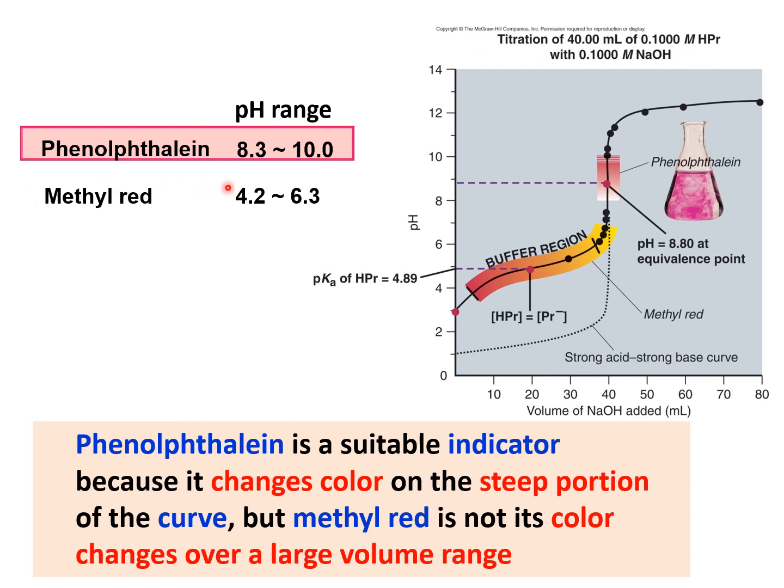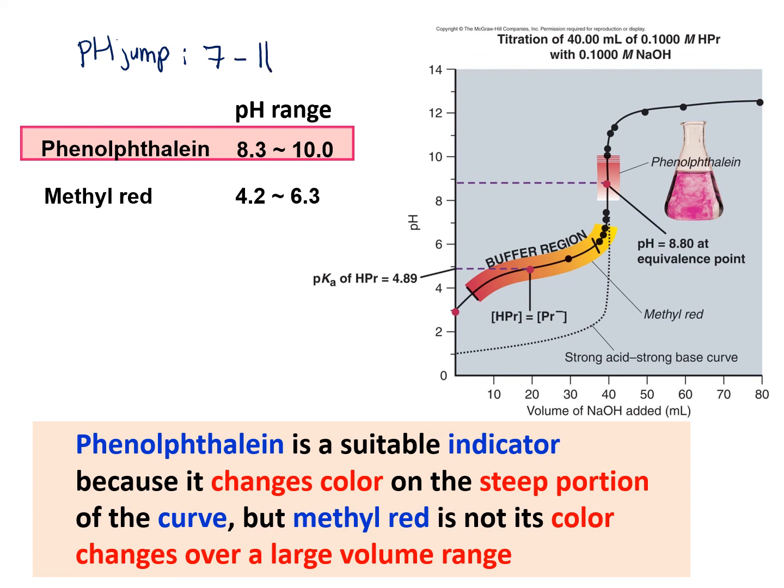If I use phenolphthalein, pH range untuk phenolphthalein to change color is between 8 to 10. Manakala tadi kita punya pH jump of system adalah di antara 7 hingga 11.